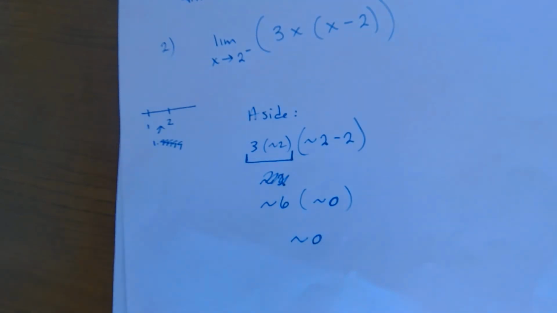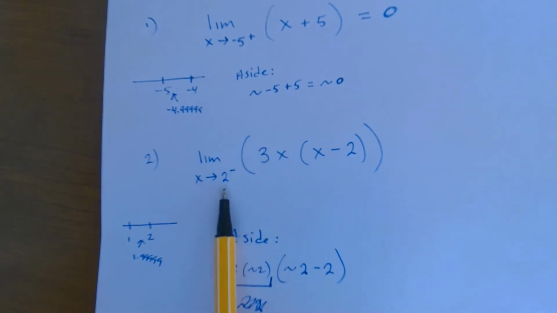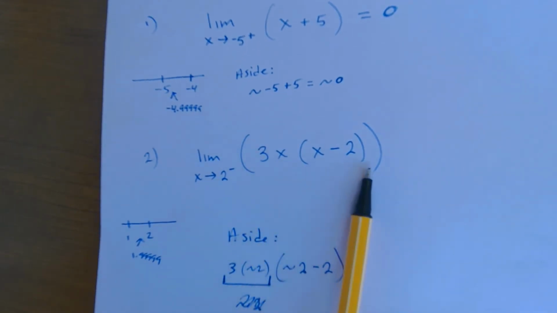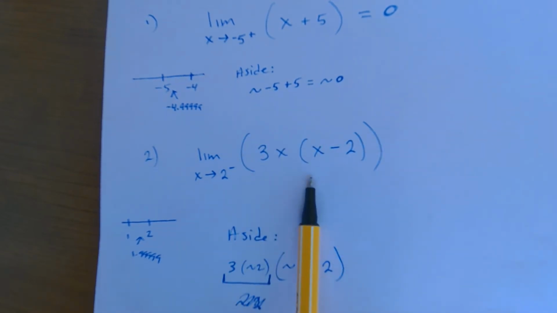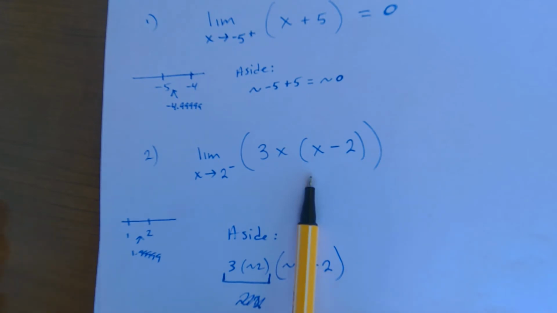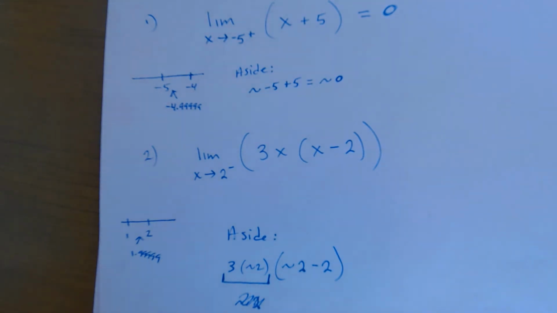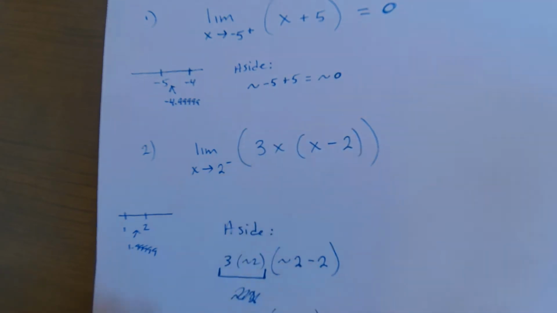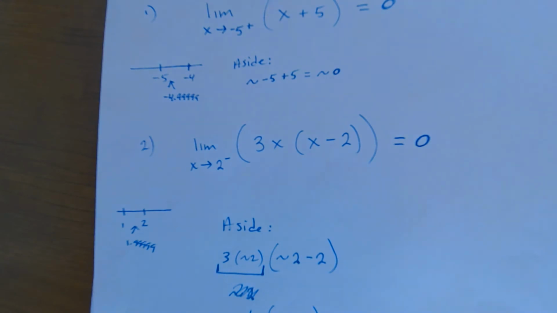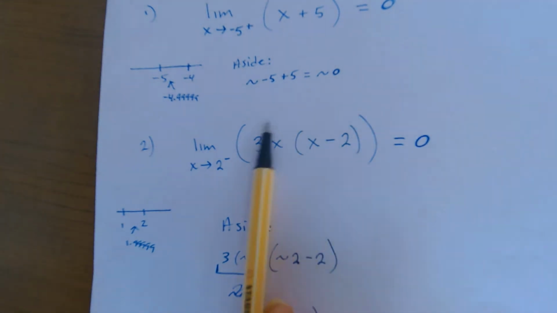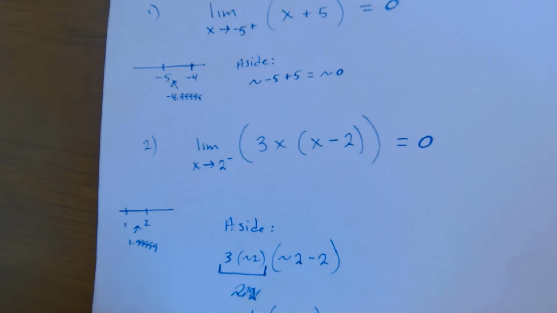So guys, if x is approximately 2, then this entire expression inside is approximately 0. The closer we get to 2, the closer this expression gets to 0. So that limit is also 0, because this thing is approaching 0 as x approaches 2.